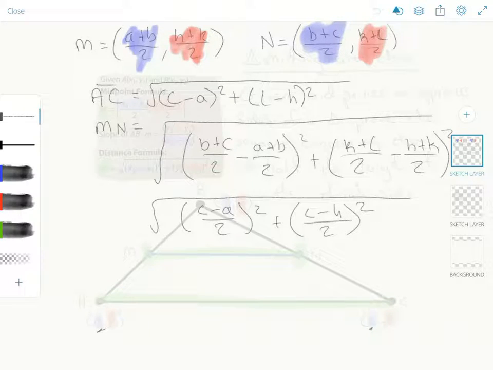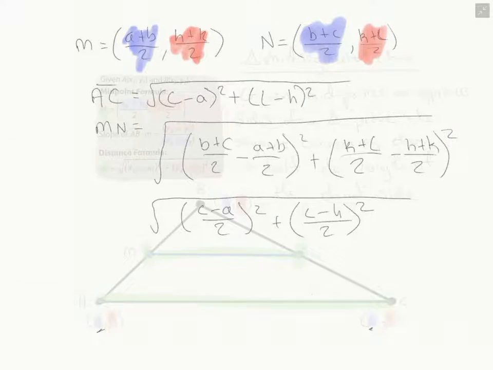So we can simplify like this. We can say C minus A squared over 4, because 2 squared is 4, plus L minus H squared over 4. So we just separated out, squared the top and squared the bottom.